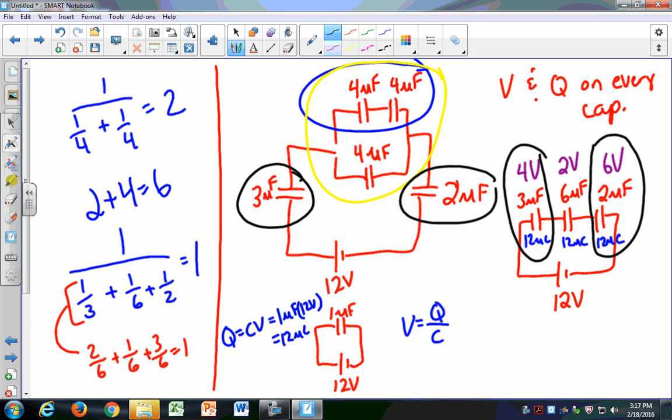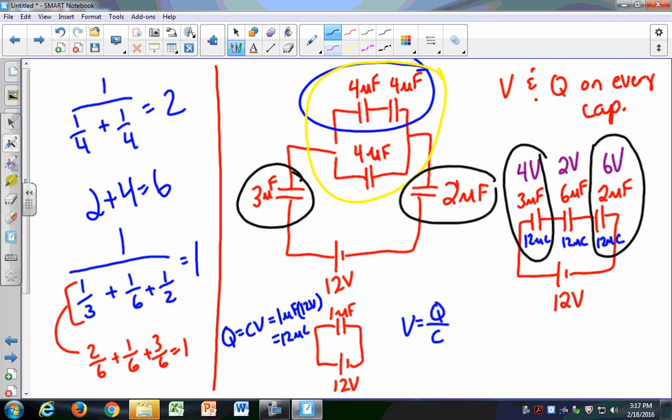This part was 2. But this whole thing, what was the equivalent capacitance? It was 6. That's right. So here we have 2 right here, and then we added it to our 4, and that gives us 6 microfarads.